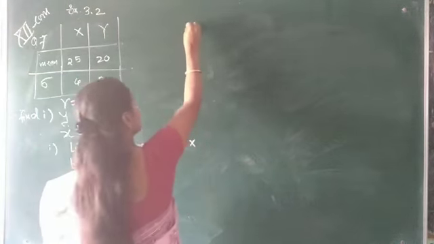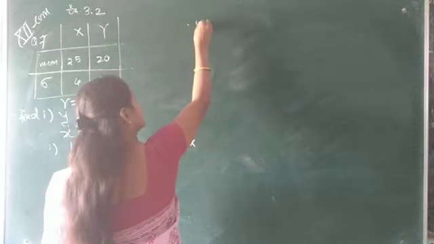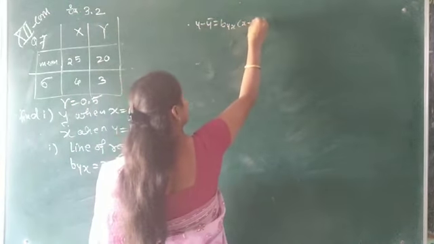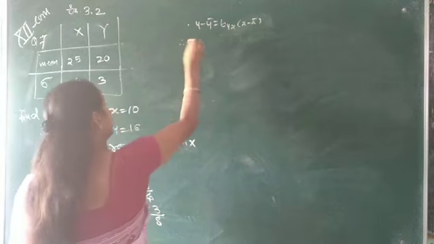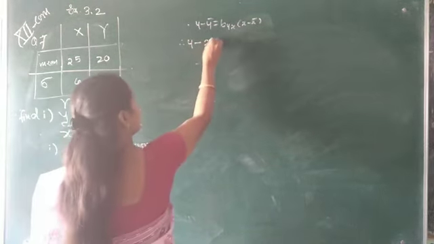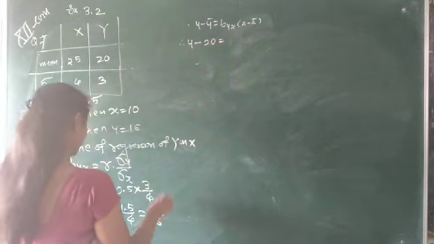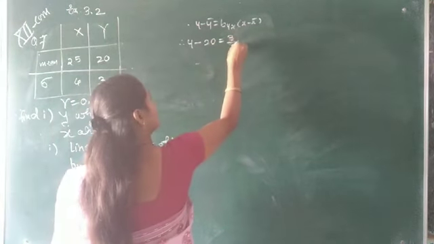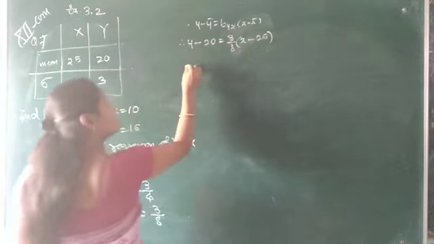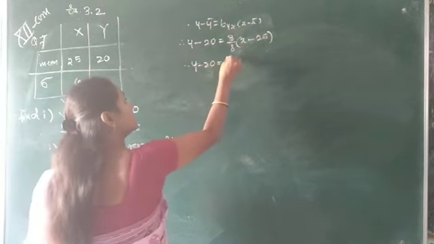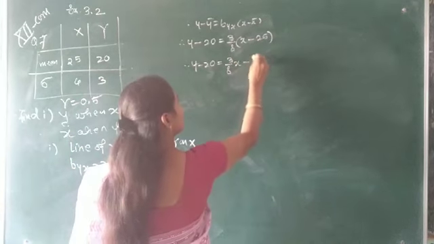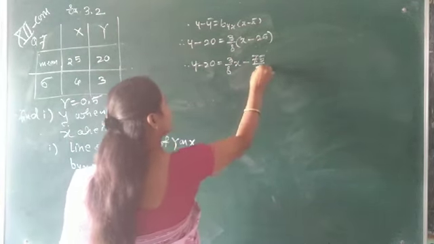Therefore the line of regression of y on x, that is y minus y bar, is equal to byx into (x minus x bar). Y minus y bar, 20, is equal to byx 3 by 8 into (x minus x bar 25). Therefore, y minus 20 is equal to 3 by 8 x minus (3 into 25) that is 75 upon 8.